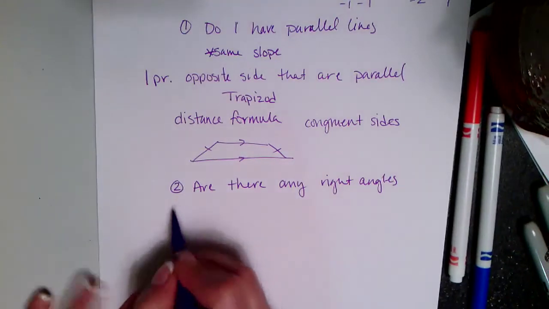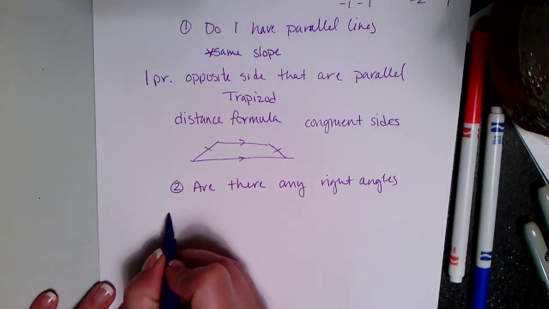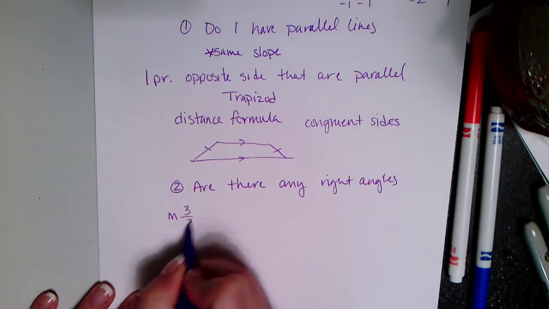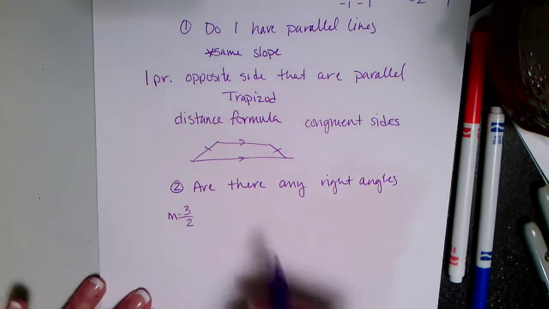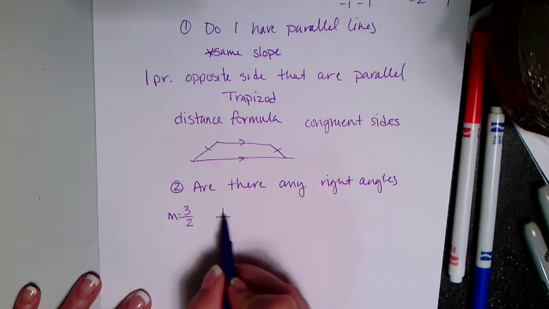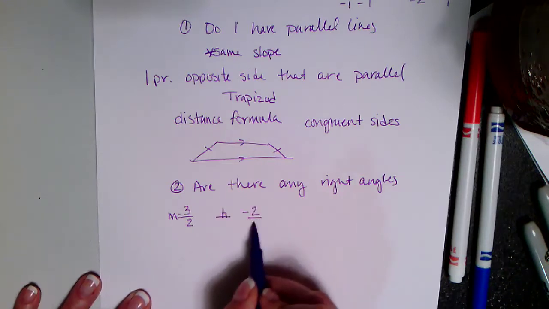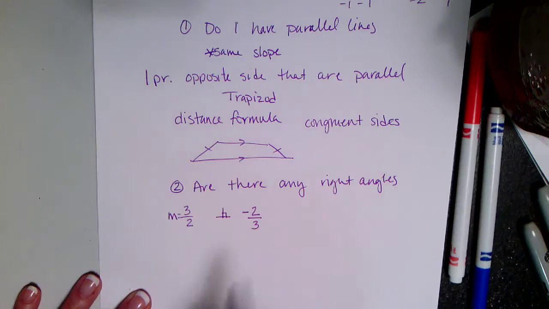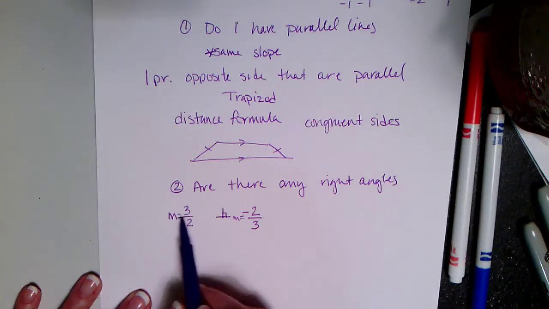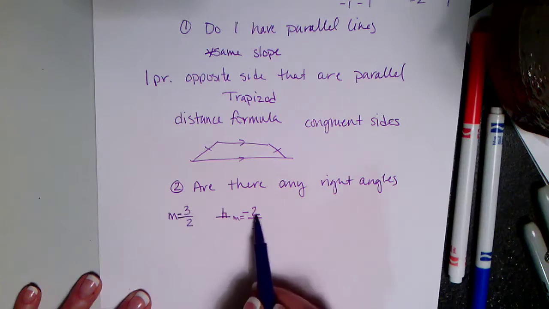So that means that if I have a slope of 3/2, my slope that's perpendicular to this has to be -2/3. Do you see how it goes from being positive to being negative, and it goes from 3/2 to 2/3?